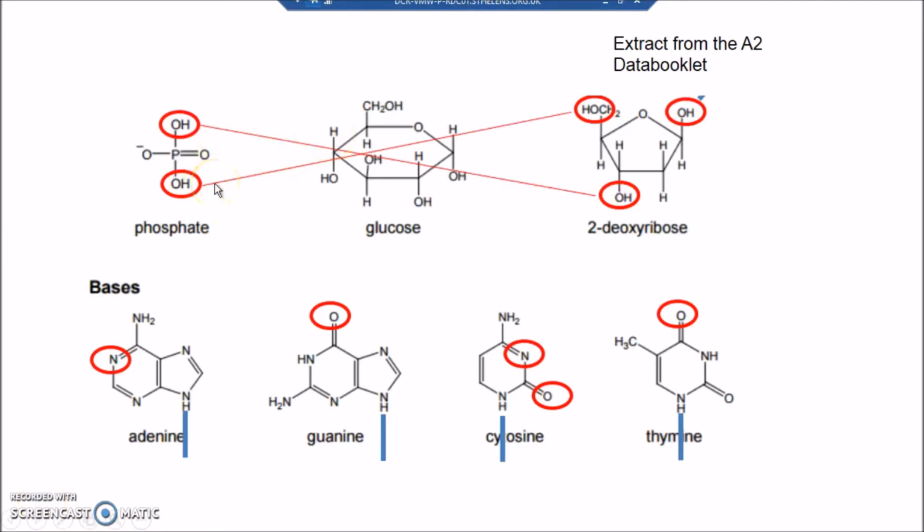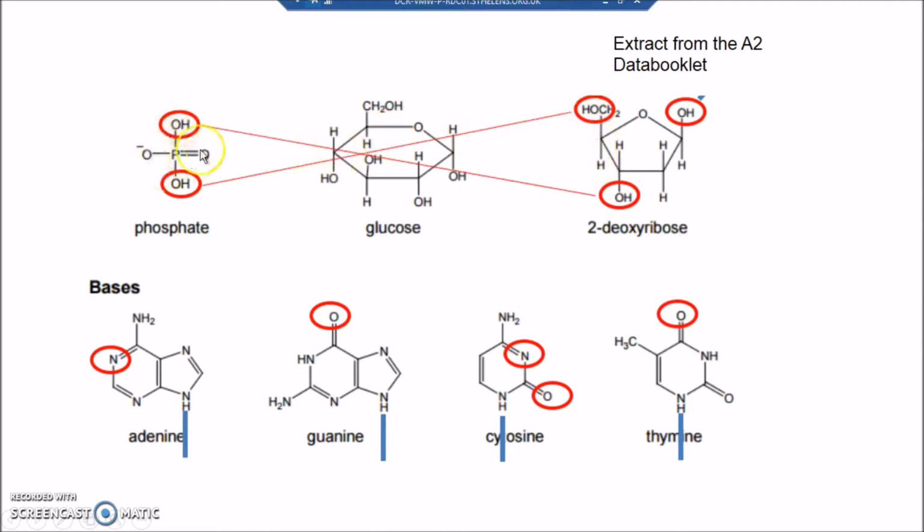Let's have a look at the extract from a data book now. What I do here is I imagine that glucose is bad for you, and I put a big cross. I know that the OH is here and the OH is here on the phosphate, and the 2-deoxyribose bond with each other, because an OH and an OH makes water and leaves an O left over as a link, as a bond.